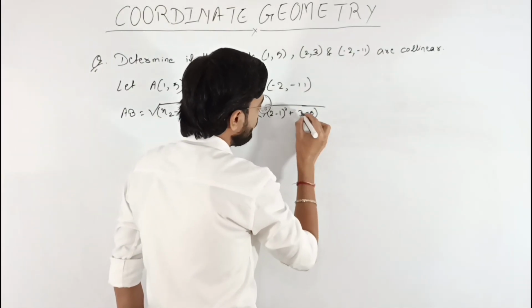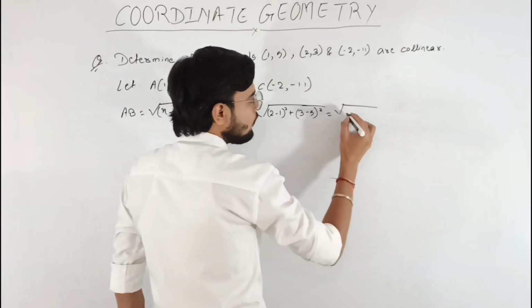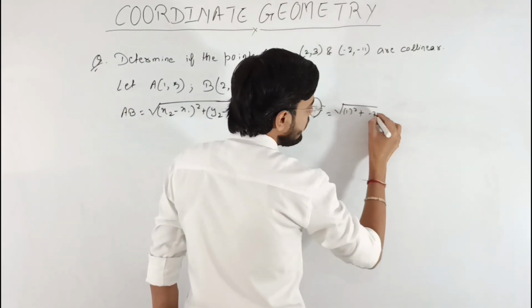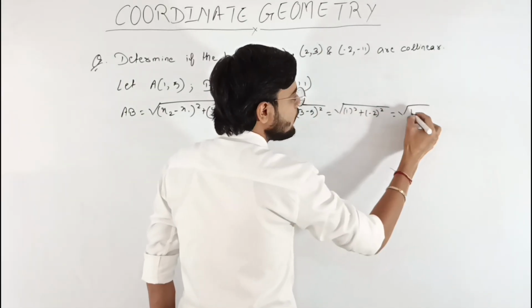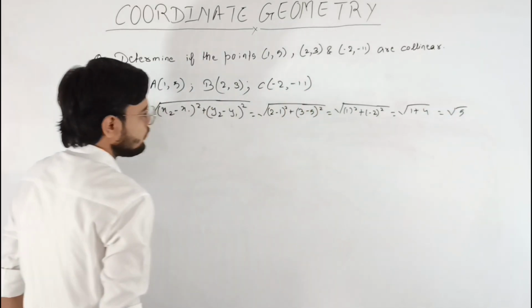Now this is equal to (2 minus 1 is 1) square plus (3 minus 5 is minus 2) square, which is the square of 1 is 1, the square of minus 2 is 4. So this is equal to root 5.